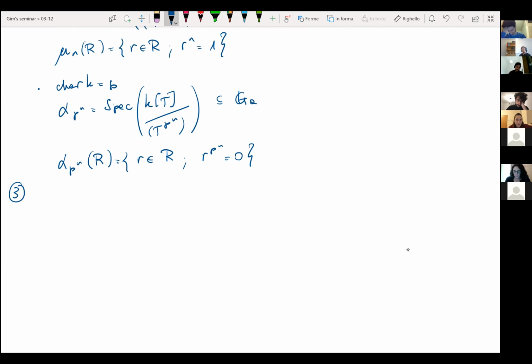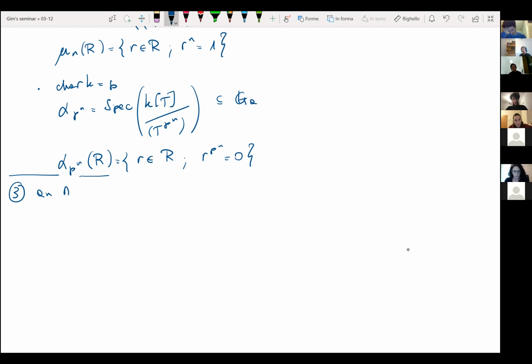Okay, so I recall now the definition of an action of a group on a set, again in the right way, in order to generalize it to any category, as I did with the concept of group.